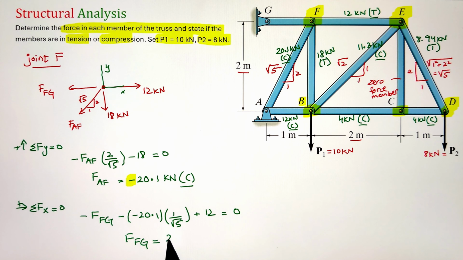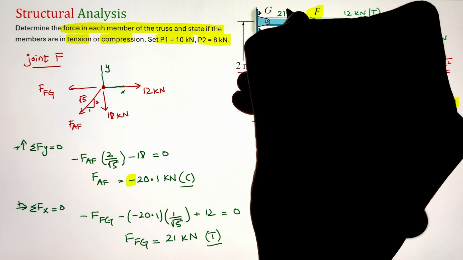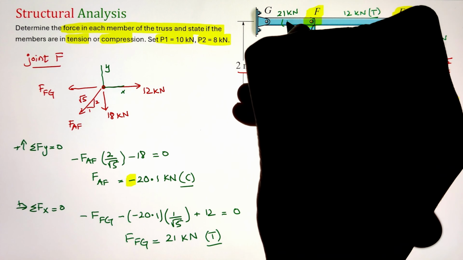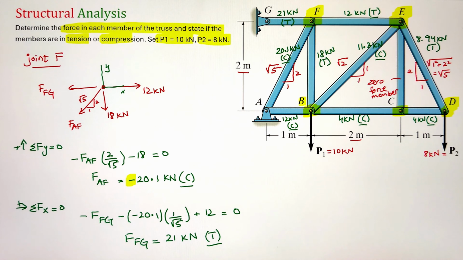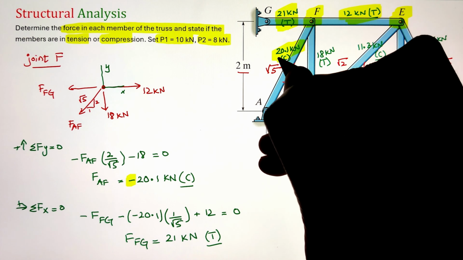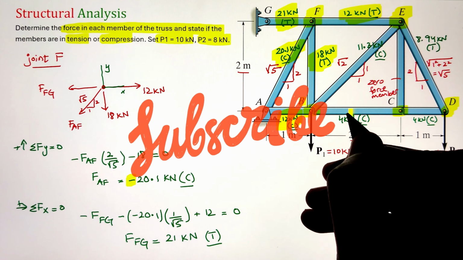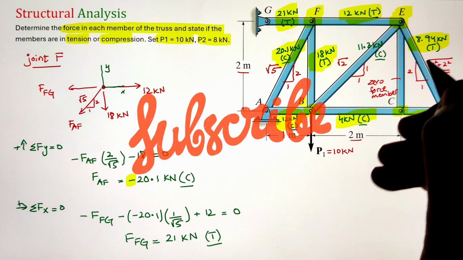Finally, I have our 12 kilonewton going in the positive x direction. Simplifying, we get our value of force in member GF as 21 kilonewton. And here again, the number is positive. That's why the force is in tension in the member here.